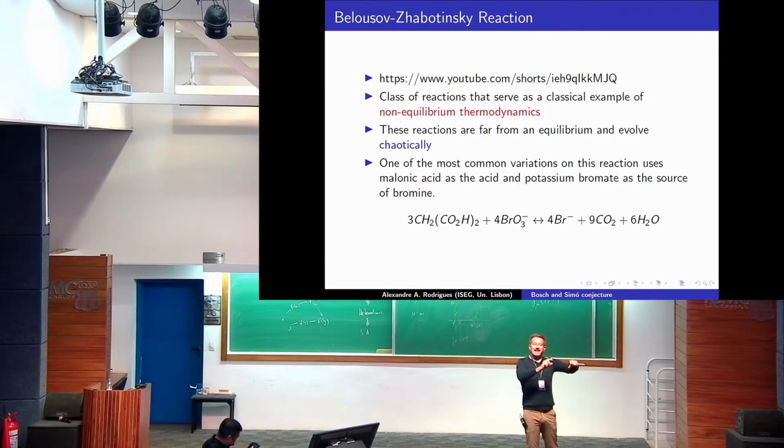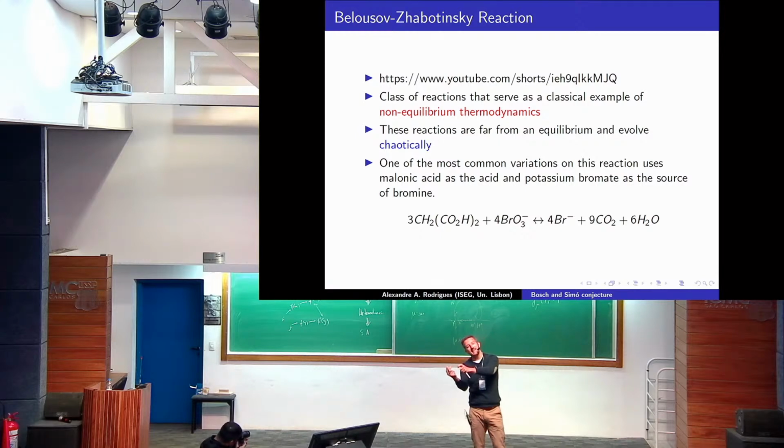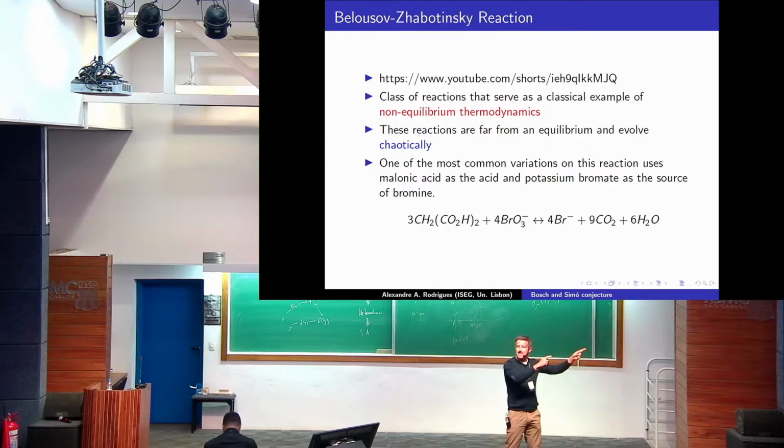These products react between themselves and give rise to the initial reactants. So I don't evolve to an equilibrium. I'm going to have a mixing between reactants and products, okay?